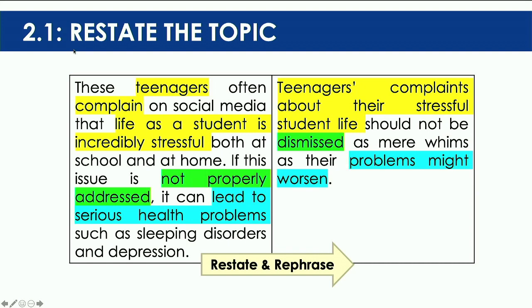And then it can lead to serious health problems, rephrased to, their problems might worsen. Alright, so that's your restatement of the topic. Teenagers' complaints about their stressful student life should not be dismissed as mere whims, as their problems might worsen. Sweet and simple. You don't need to take all of the context. Just rephrase it.